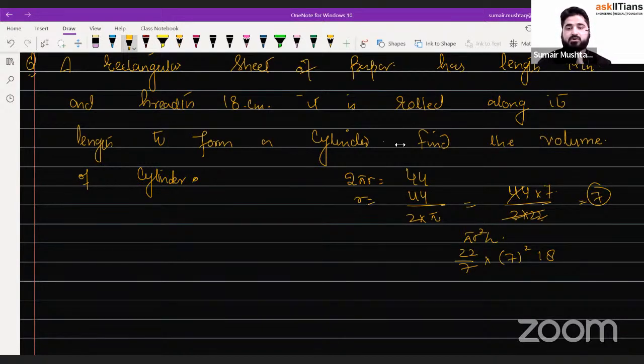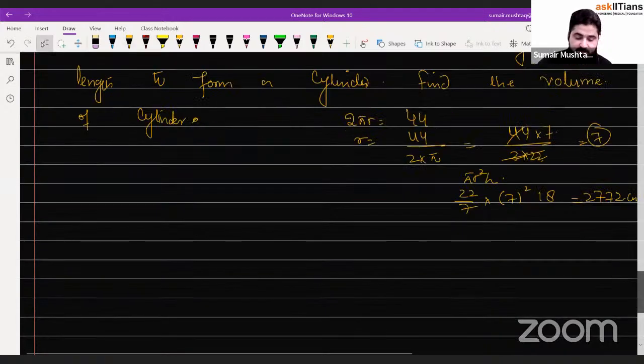That will be pi r h. No, it is pi r square h. I have already told you, it is pi r square h, the volume.